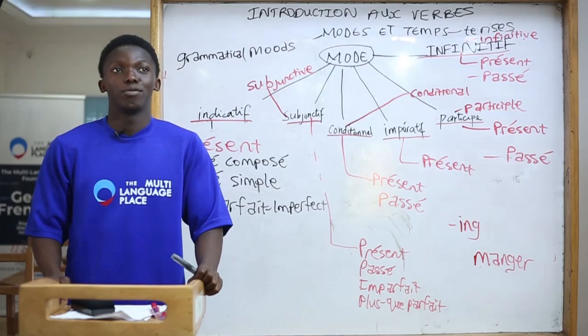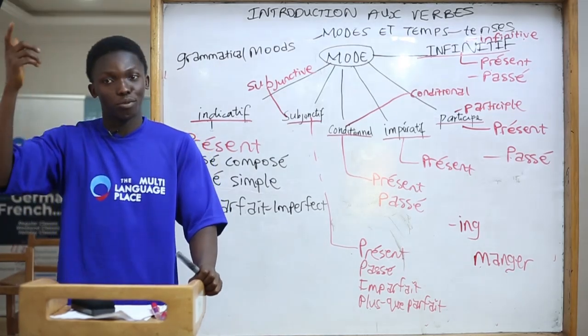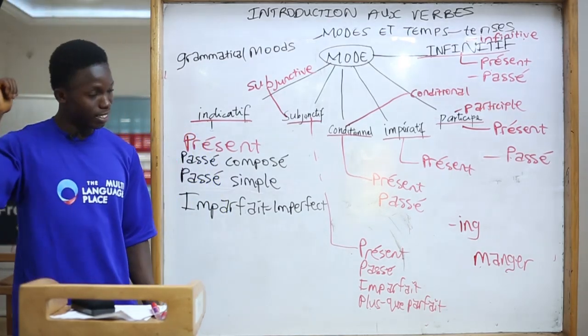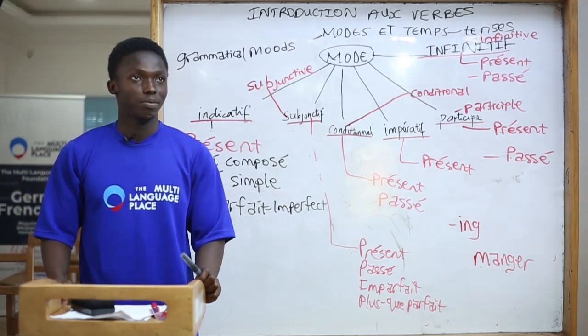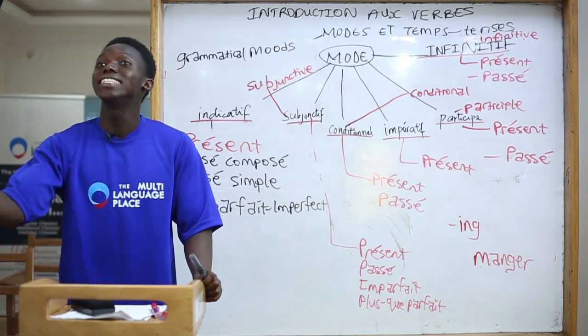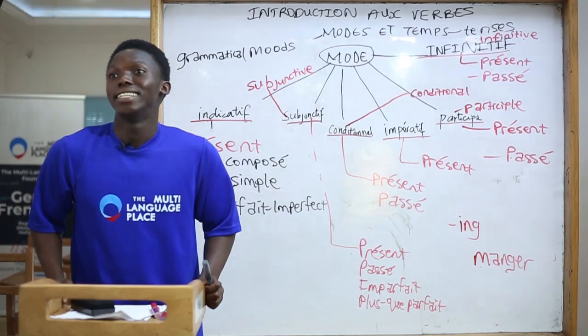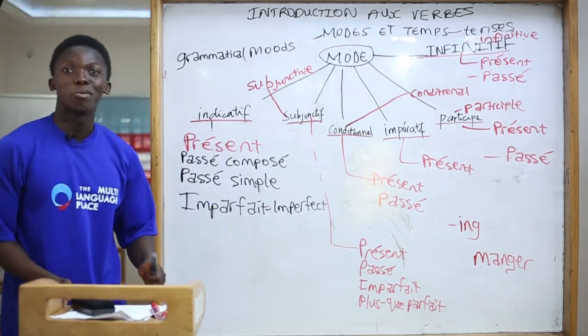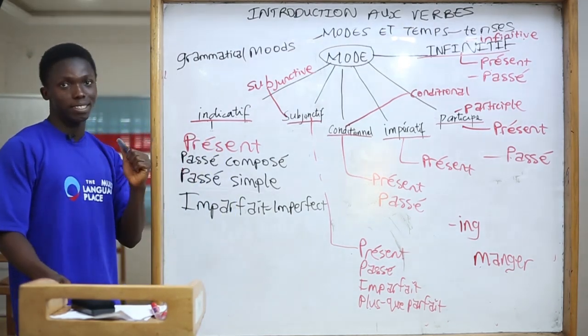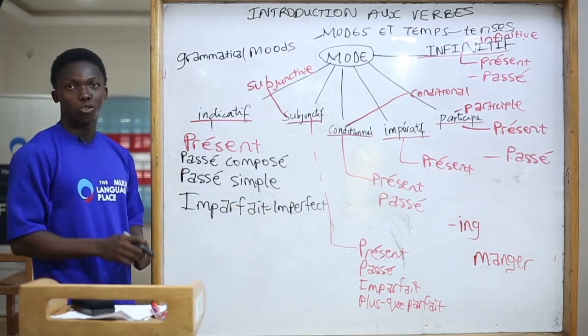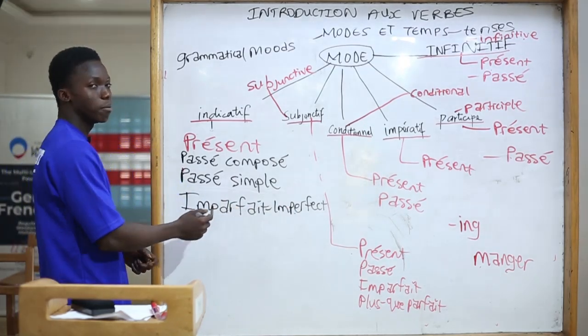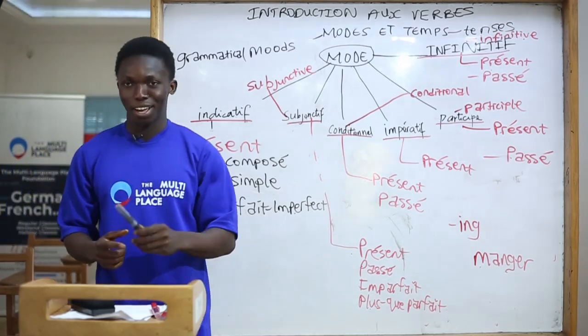For example, if you were doing something and something happened, you use imparfait to express that. Let me give you an example. I was eating rice when it started raining. You were doing something, you had not finished doing it when that thing happened. So that is imperfect tense. To express that in French, you use imparfait. I hope you get that.